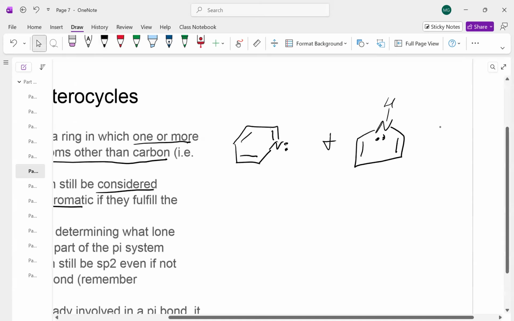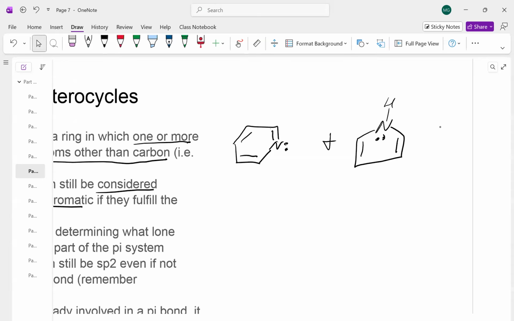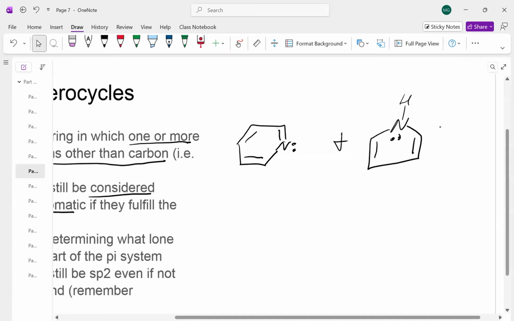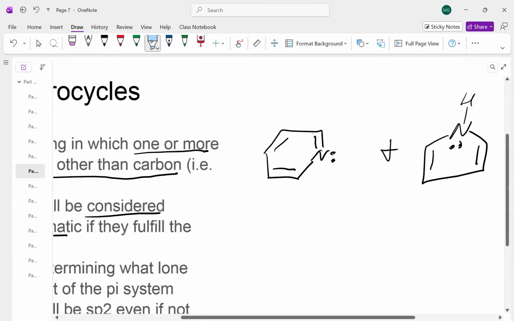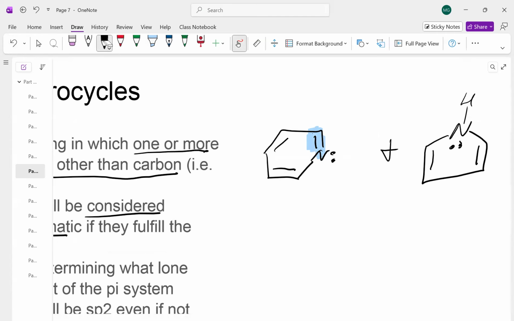So we're going to compare these two heterocycles. Now I'll put the cart before the horse and tell you that both of these are aromatic heterocycles. So here's the short rule. We'll look at this one on the left first. Notice that there is a double bond already to the heteroatom, to the nitrogen there. If there is a double bond already to that heteroatom, then the lone pair is not part of the pi system.